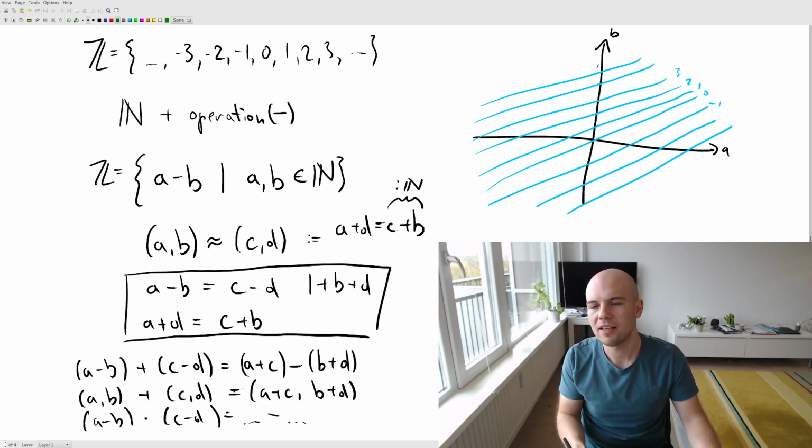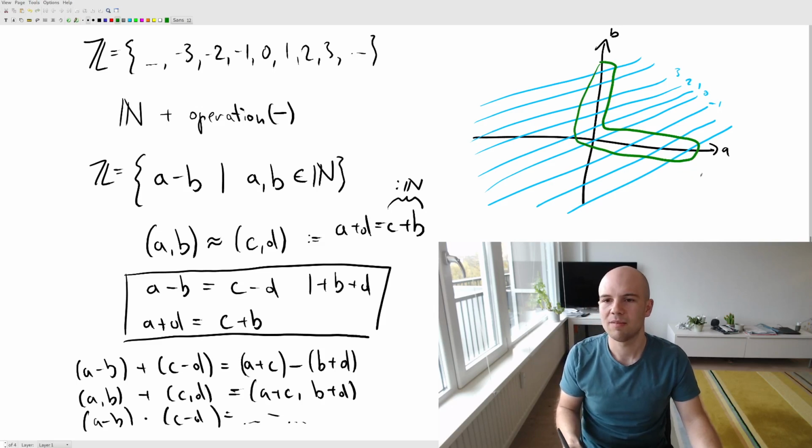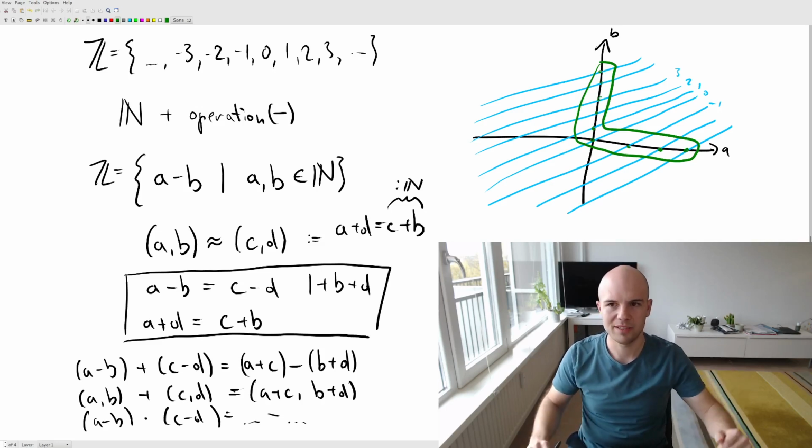So which one do we take? I think it's always a positive one and 0 or something. So I think we take this one here. As a subtype, we pick for every one of those blue lines a point here as the canonical representative, and then we look at the subtype of these canonical representatives.